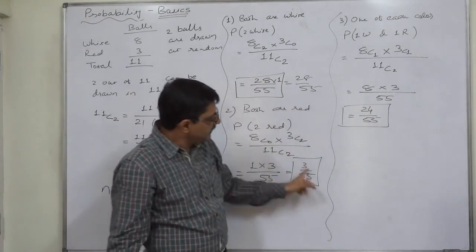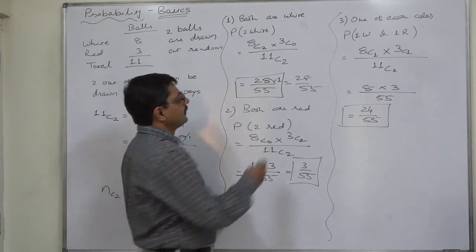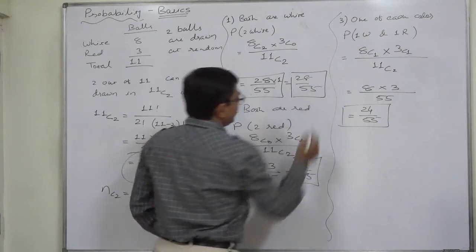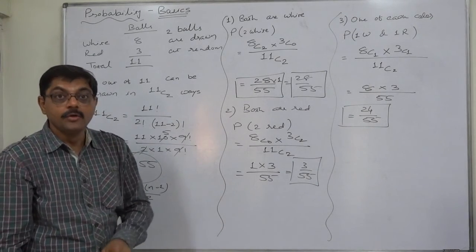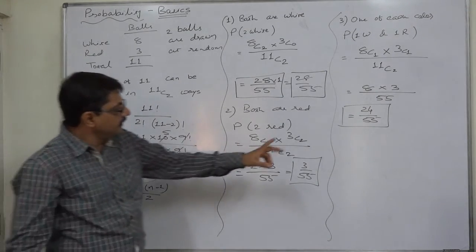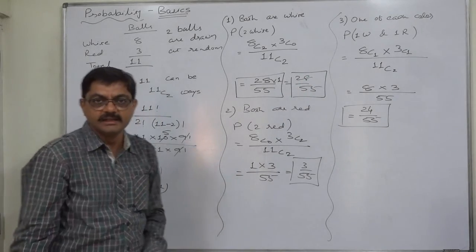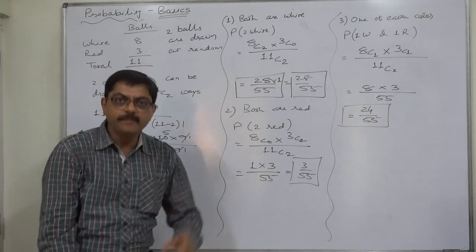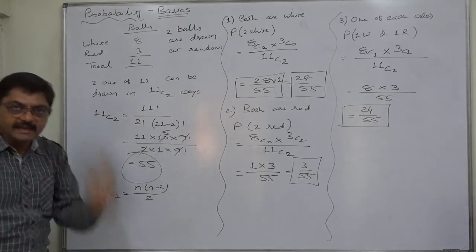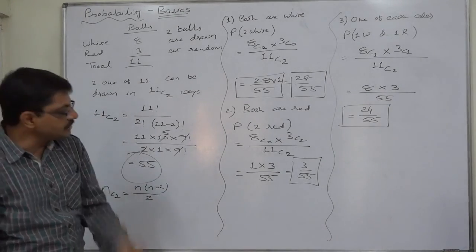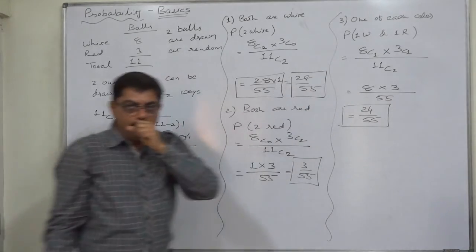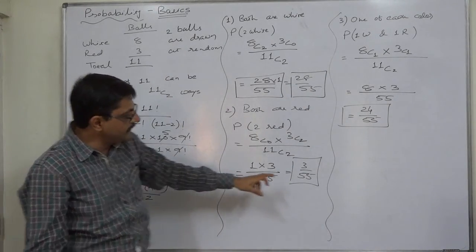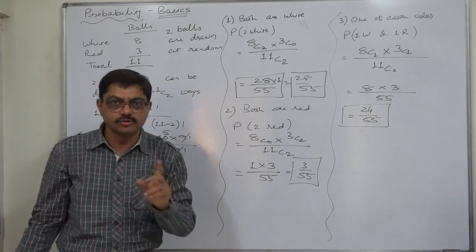So addition of these three probabilities comes to 55 by 55, that is 1. That means no other event except these three is possible in this experiment.